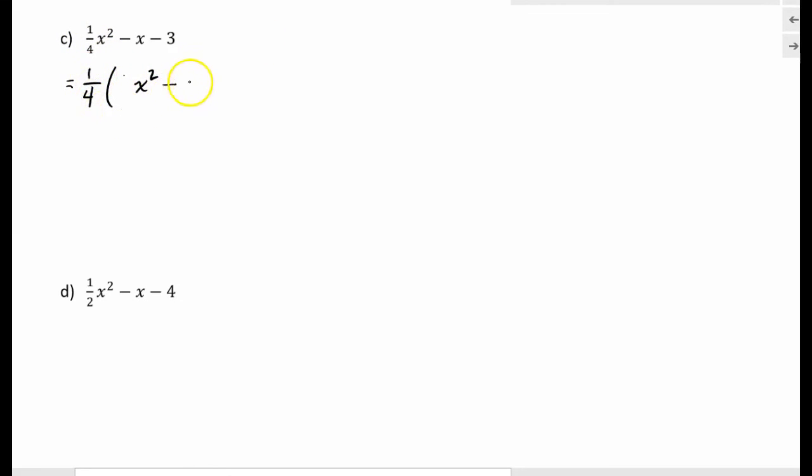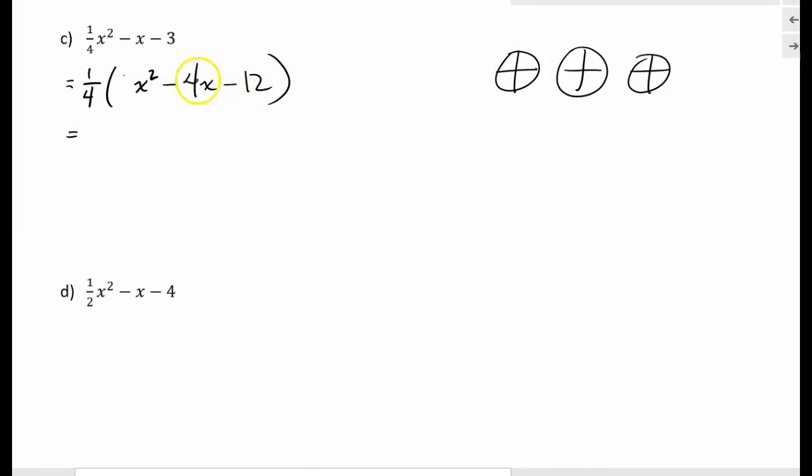What would we have to multiply by to get 1 if we're using 1/4 times what equals 1? How many 1/4 goes into 1? That would be 4. And how many quarters go into 3 wholes? If we think about it as 3 wholes, 1, 2, 3 wholes divided into 4 pieces, that's 12.